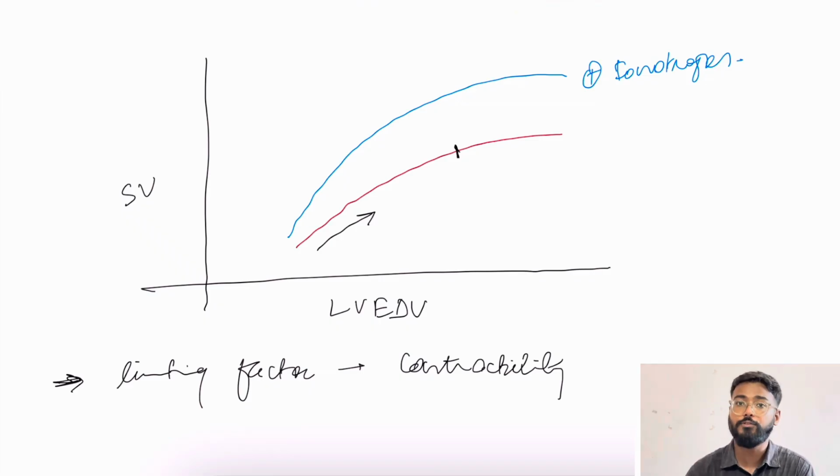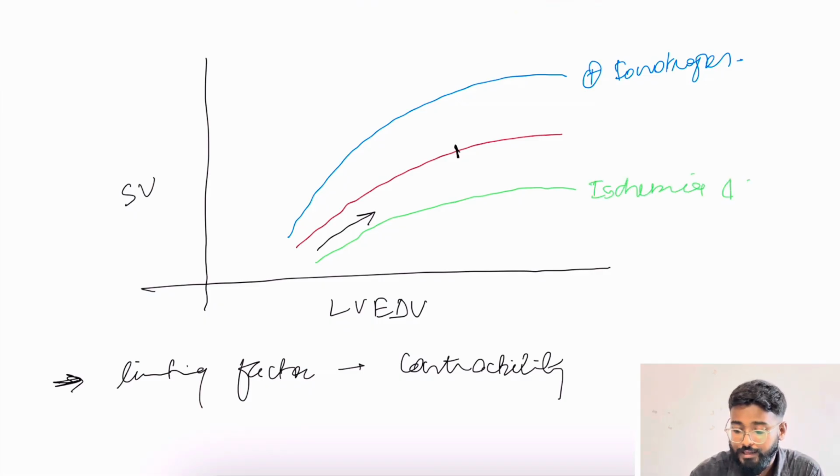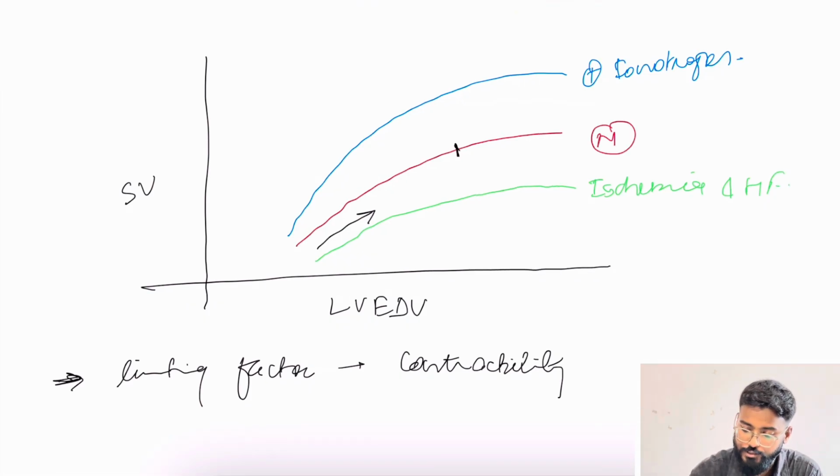And also in heart failure. In these two cases, your contractility is going to decrease and your graph is going to shift downwards. That is in case of ischemia and heart failure. And this is your normal condition.